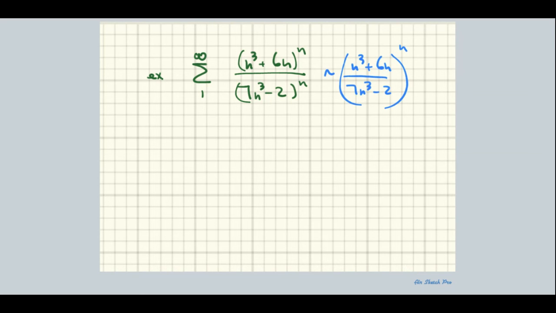We'll just worry about the limit as n goes to infinity of n cubed plus 6n over 7n cubed minus 2. Okay? And so my question is, what does this look like to you guys? You should be able to eyeball what the limit of this thing is. What do you think?